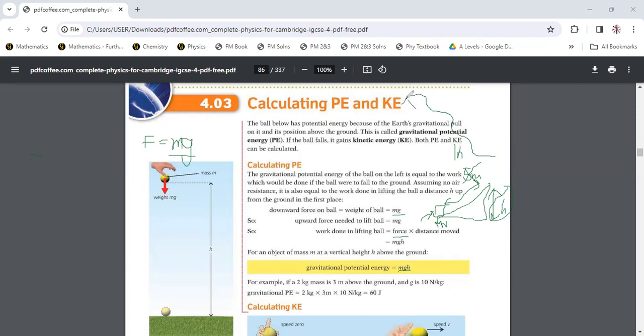The most important thing is, what is our vertical height when it moves down here? So do not be concerned with this distance, this length, this curly line, but only the height. So I understand for your new IGCSE syllabus, you guys need to use 9.81 for g.